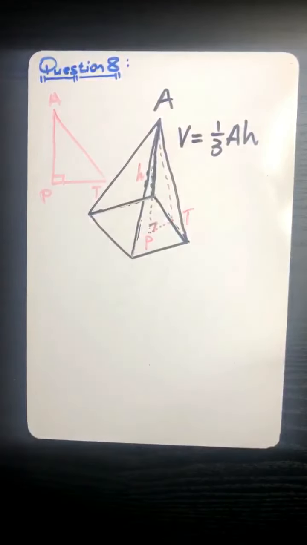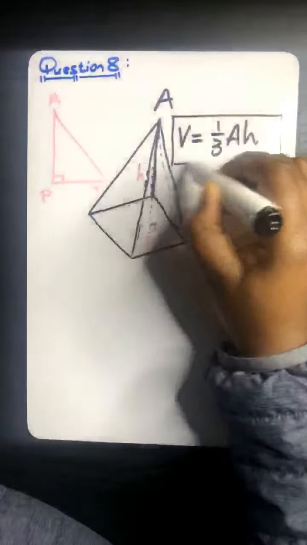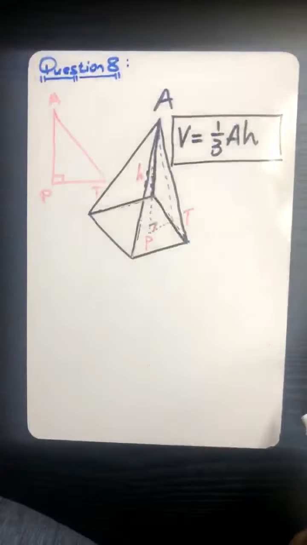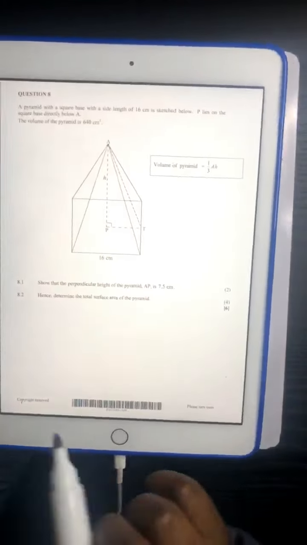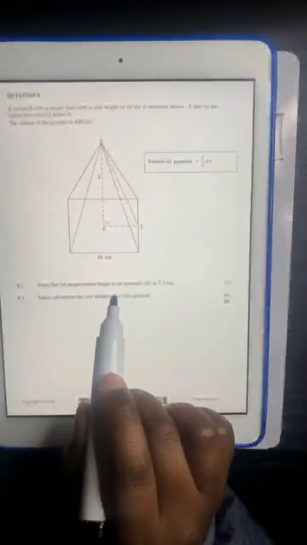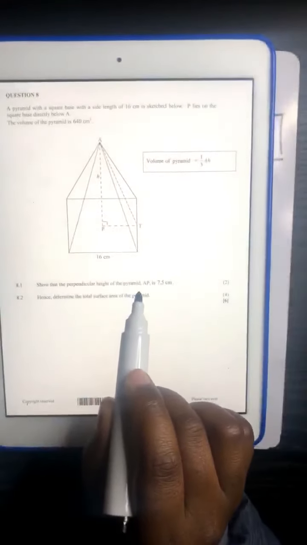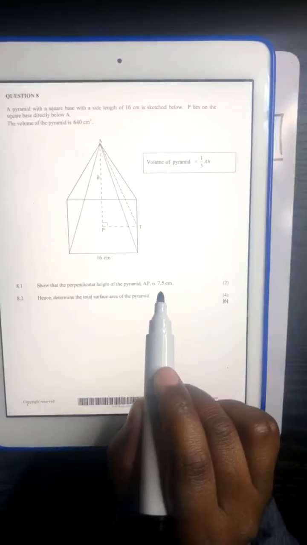Okay, so there we are given a formula, which is a formula for the volume of a pyramid. Here comes a question, guys. And the question says, show that the perpendicular height of the pyramid AP is 7.5 centimeters.